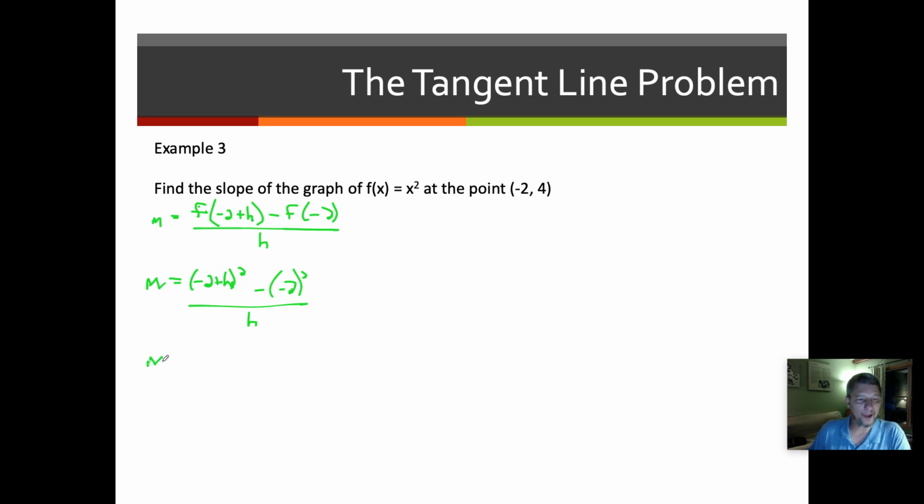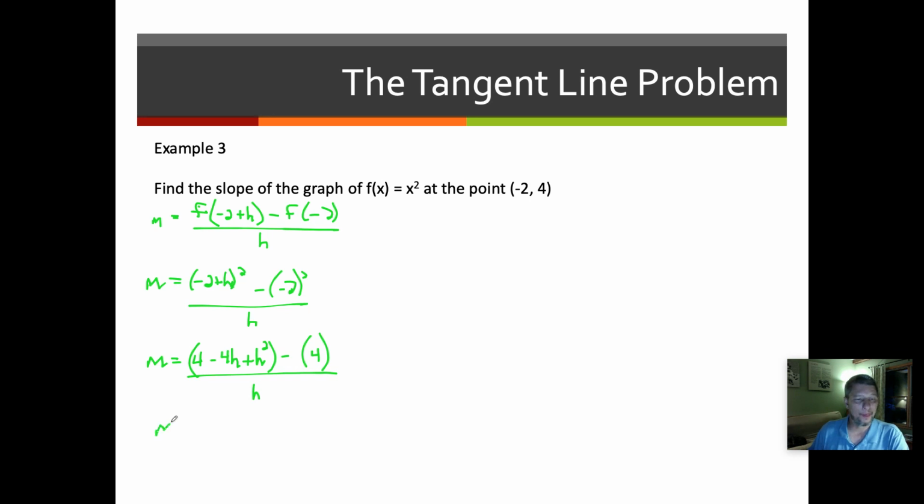Now, if I do the FOIL method, negative 2 times negative 2 is 4. Negative 2 times h is negative 2h. Negative 2 times h is negative 2h, so that's going to give me negative 4h altogether. And then h times h is h squared. Okay, and so that's my first term, minus, now, negative 2 squared is 4, all over h.